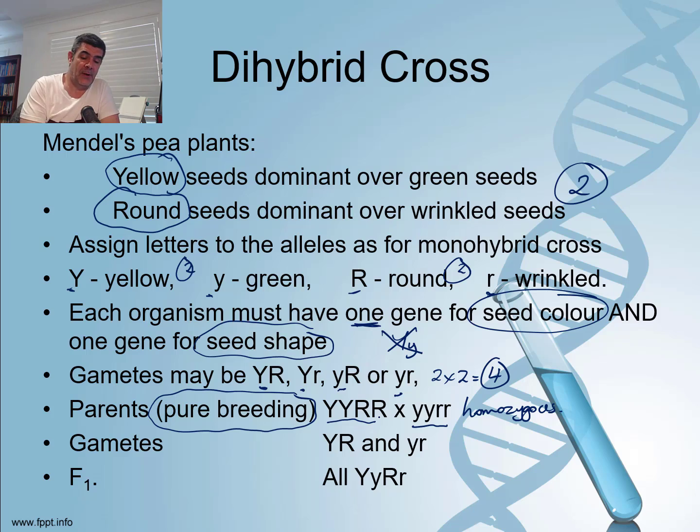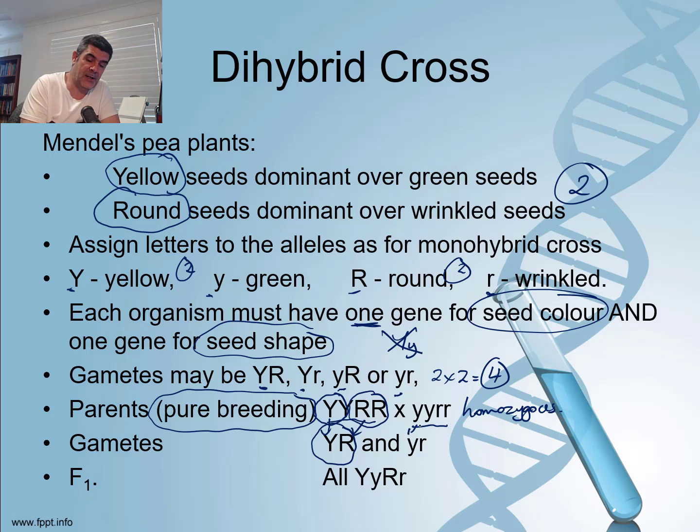When these two individuals are cross-fertilized, remember that in our gametes we have to have one piece of information about the color and one piece of information about shape, and therefore there is only one combination from a pure breeding plant for those two traits. So that's capital Y, capital R.